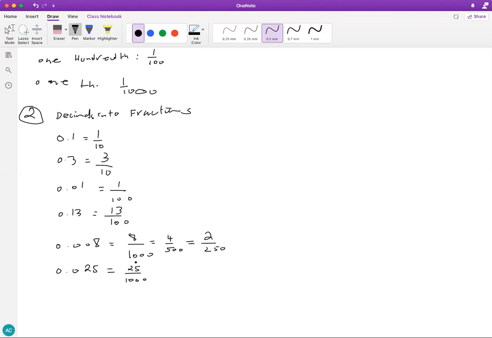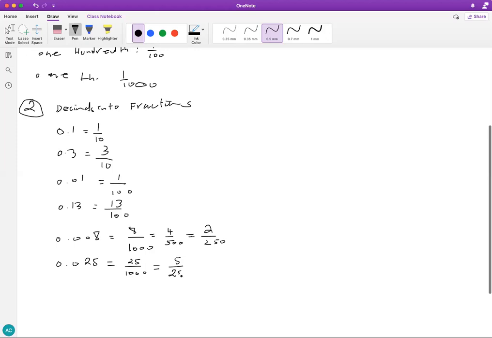Same thing here. If you can't see that we can divide by 25 right away, it's actually possible to divide by 25. You can at least divide by 5. So you can say 25 divided by 5 is 5. What's 1,000 divided by 5? 200. That's right. And then again, divide by another 5. 5 by 5 would be 1.